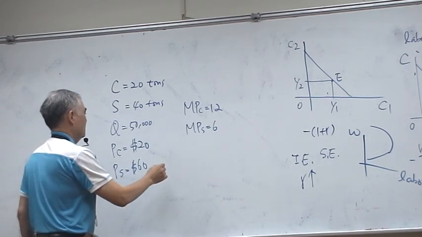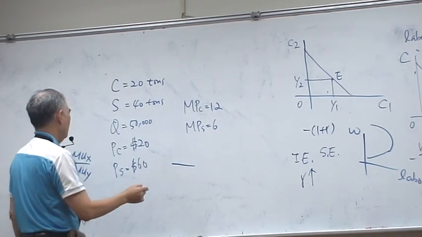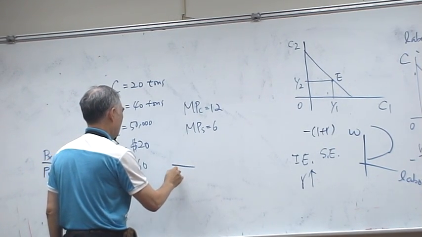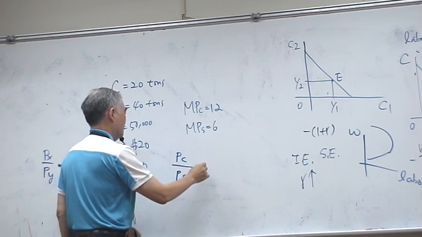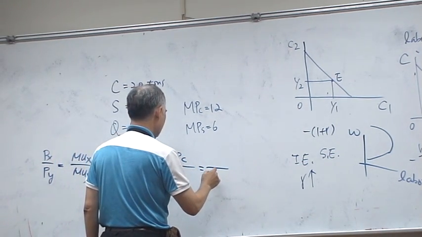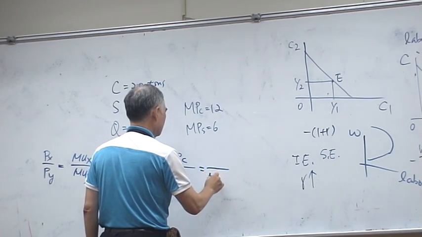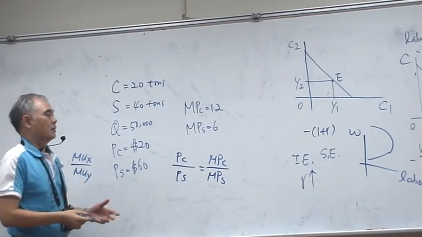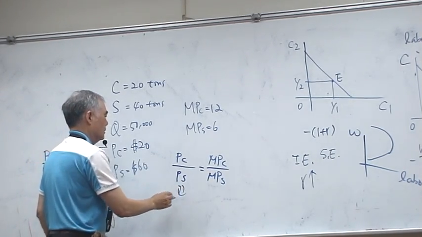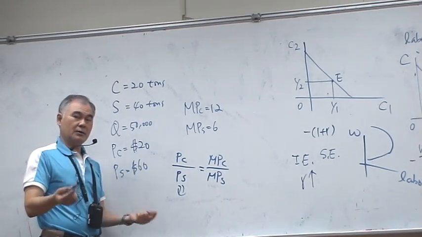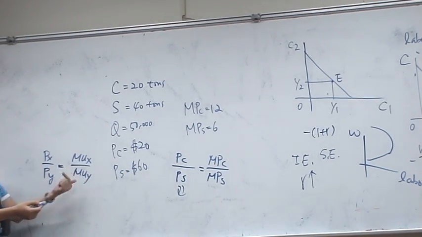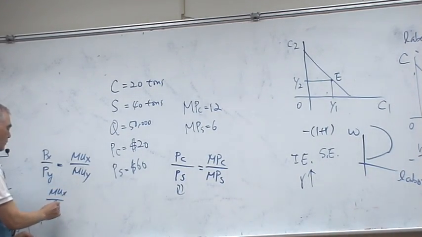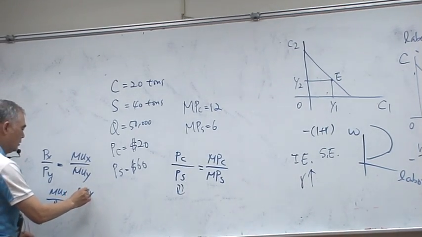So it will be PS and then PC, and here will be MPS, MPC, right? Or we can use the other way, we rearrange it: MUX over PX equals MUY over PY.